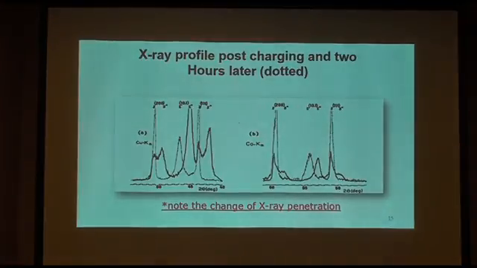This is also an X-ray profile post-charging at different times, in two different conditions of X-ray depth, copper K alpha and cobalt K alpha, and I don't want to enter into what you see here: phase transformation, all kinds of stability in terms of phases.